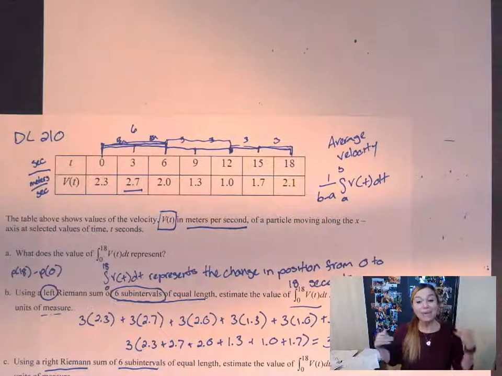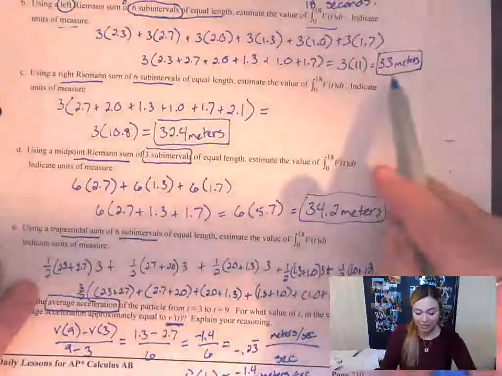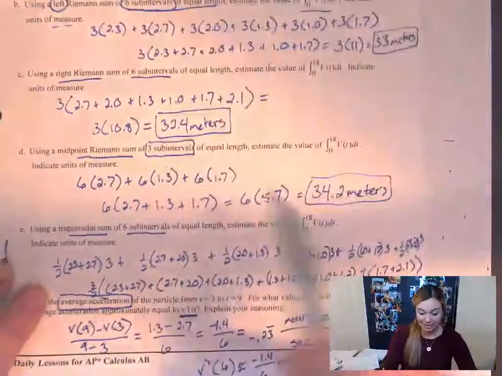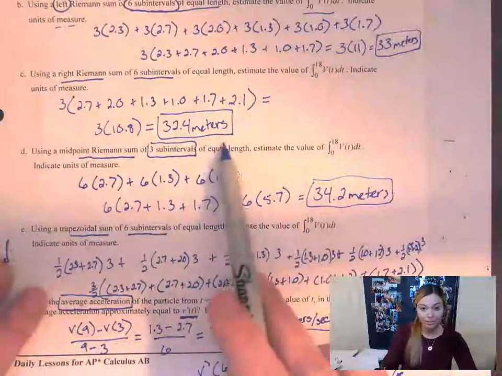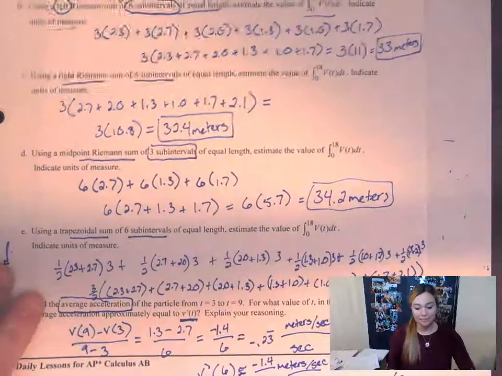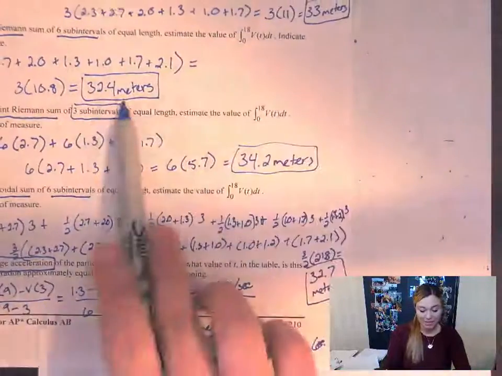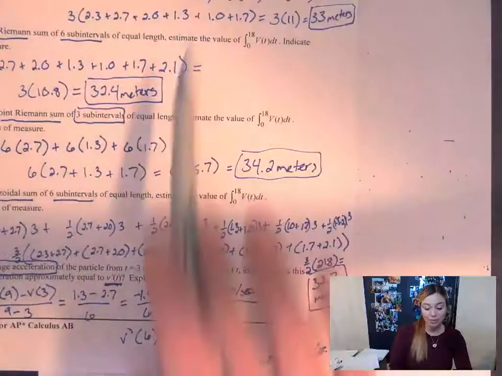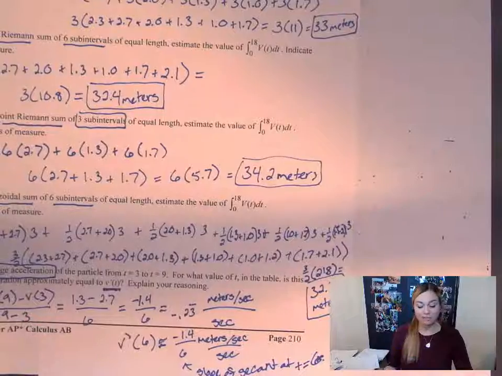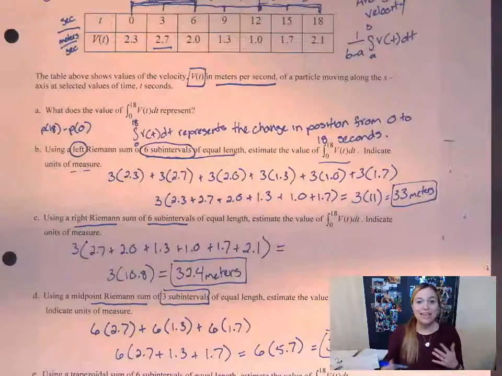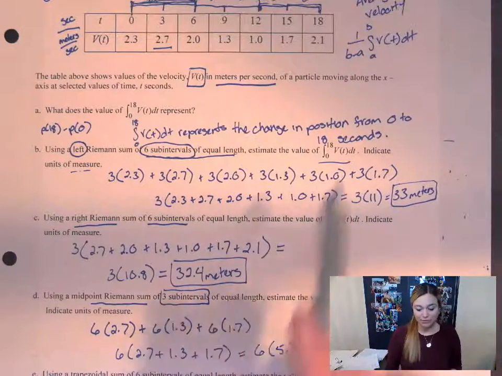So to make any one of these an estimation for the average velocity, we just would have had to multiply by 1 over, in this case, 18, because this is 0 to 18, or divide by 18. But remember, all of these are approximations for what the integral from 0 to 18 of v of t dt is. And that is just the net distance, or the change in position from 0 to 18 seconds.